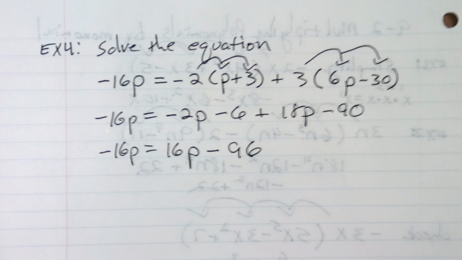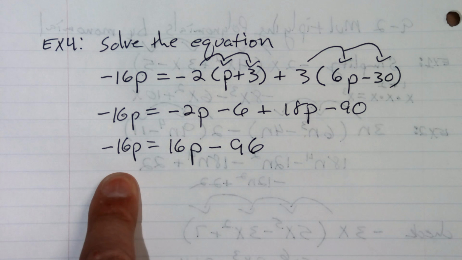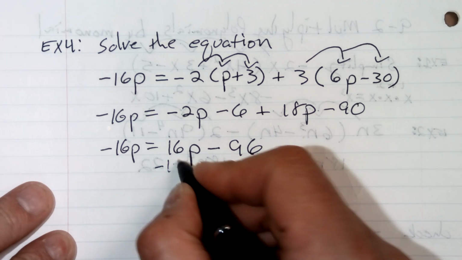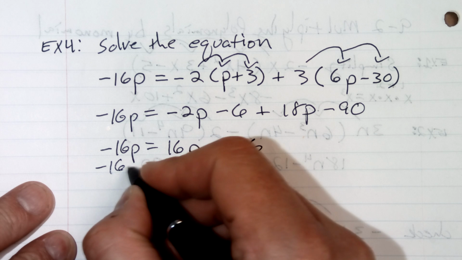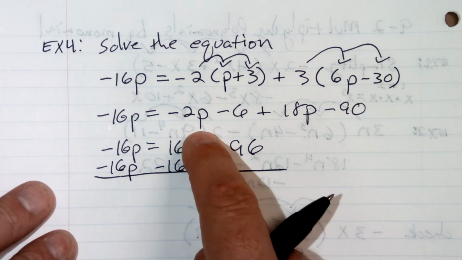All right, personally, I would move this one over to the other side. So how do I move a positive 16p to the other side? Subtract. Perfect. Well, it's already adding, so I have to subtract it.